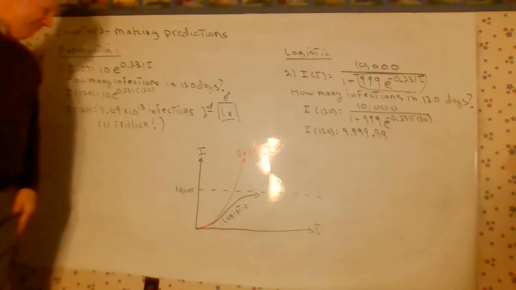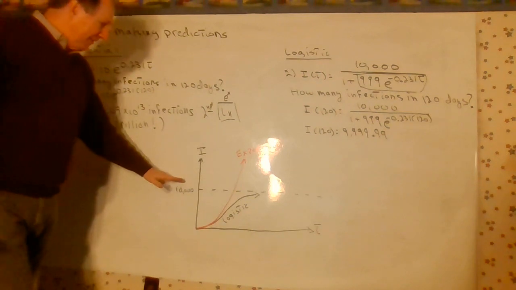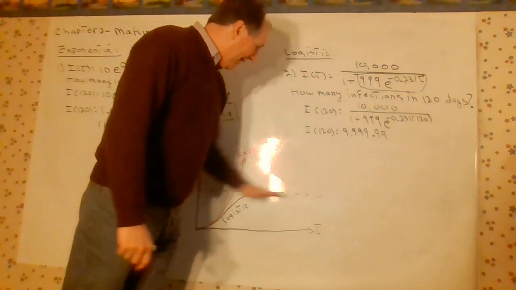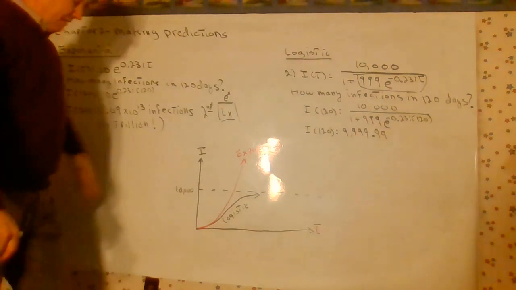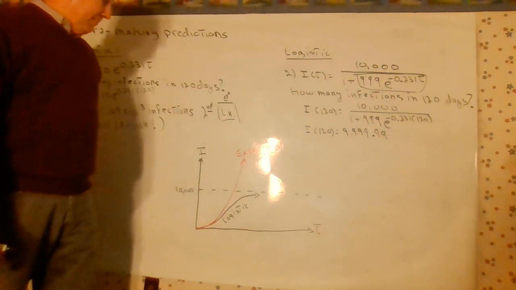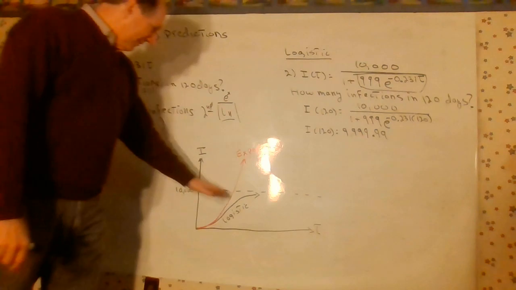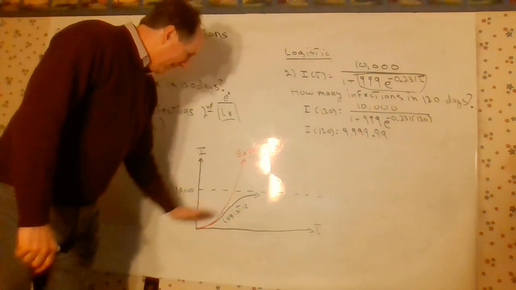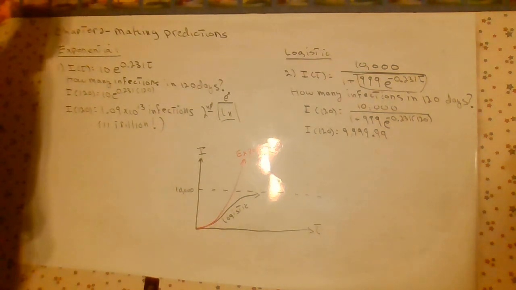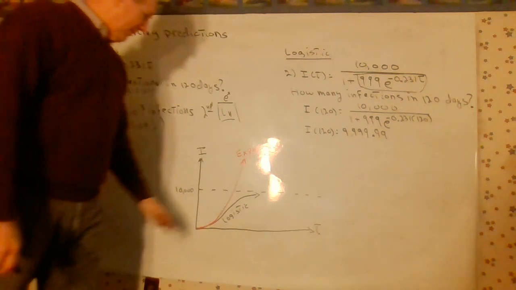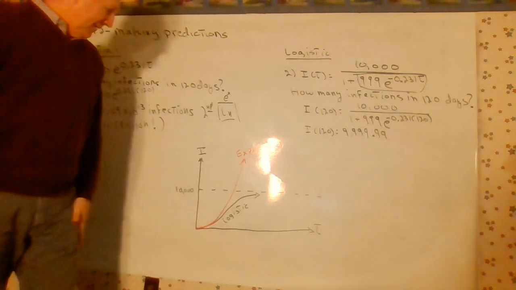Here's a simple graph. This 10,000 is a horizontal asymptote. That's our maximum population. Exponential growth just takes off to infinity and beyond. And logistic, well, it follows that. That's what's called a logistic S-curve. Lots of applications for logistic curves in population studies.